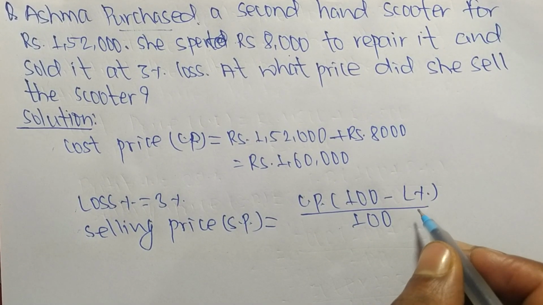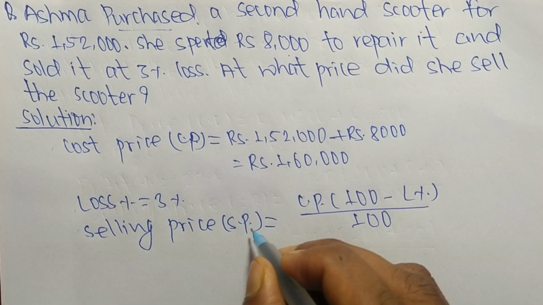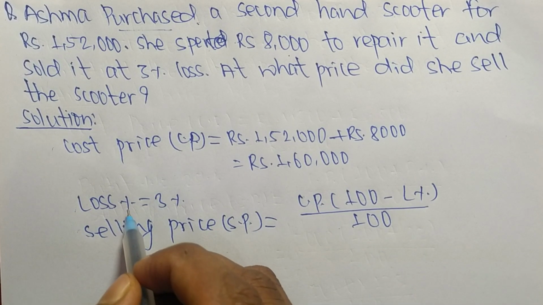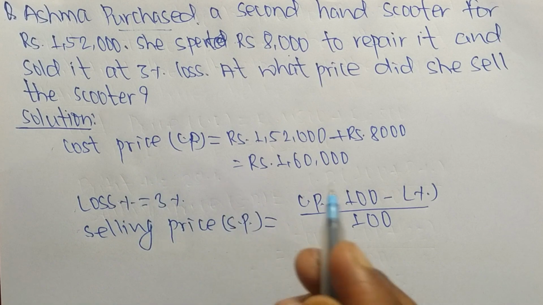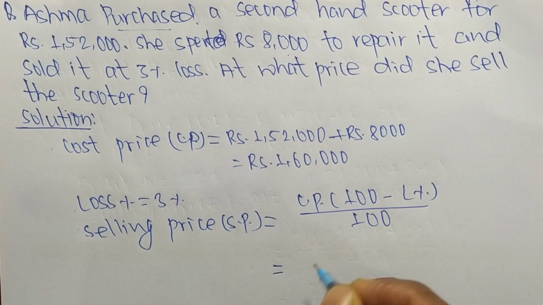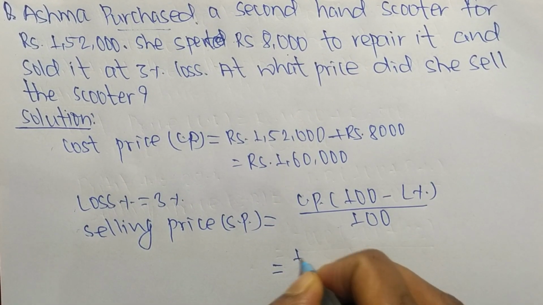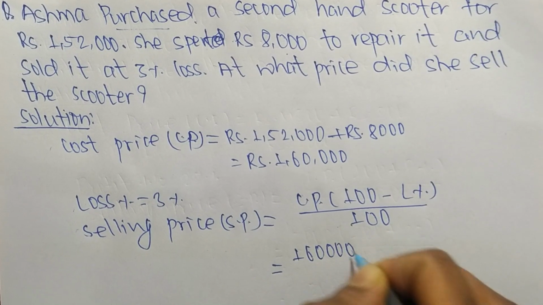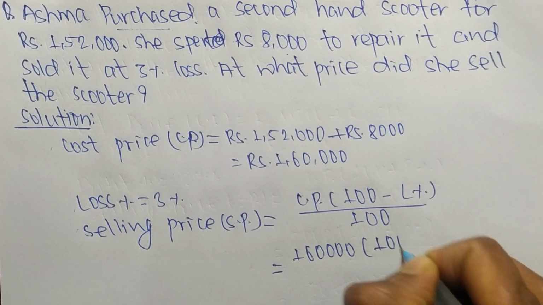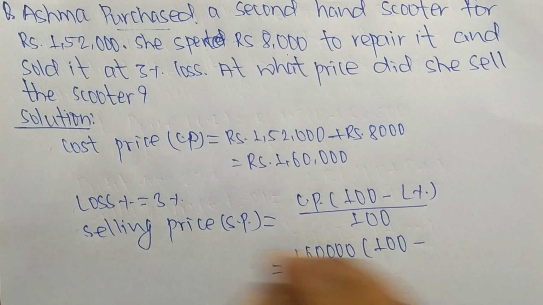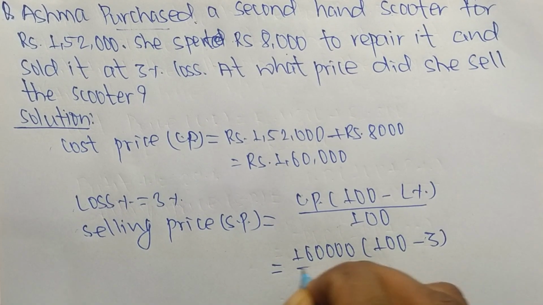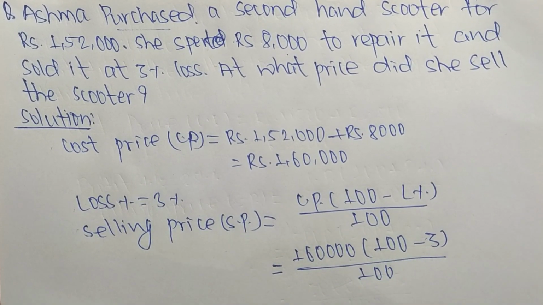So this is the formula which we use to find SP when loss percentage and cost price is given. So the cost price we have is 160,000. So it is 100 minus loss percentage, which is 3, by 100.